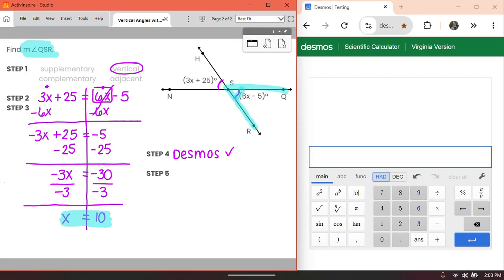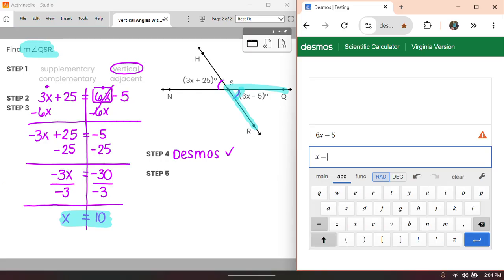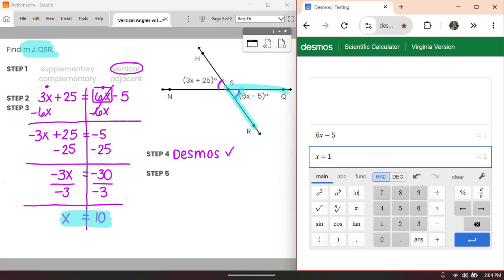That's what x equals. So what you have to do to get your answer is you actually have to go back to Desmos. And we're going to type in the expression for that angle specifically, 6x minus 5. And then we're going to substitute in the solution that we got earlier, x equals 10. And this top line is going to tell us how many degrees that is.